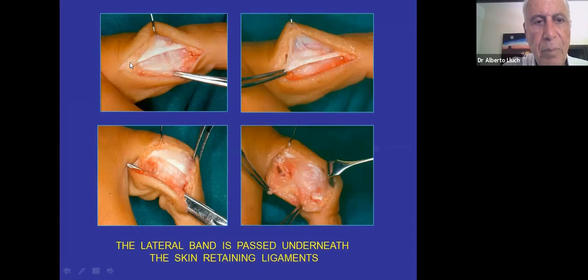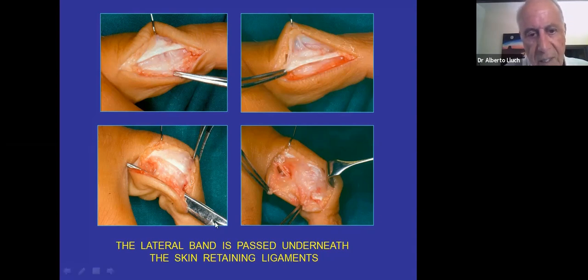This is an example. Midaxial incision of the finger, lateral band dorsal to the PIP joint. The lateral band is cut proximally. This is distally, which is left intact. Then it's released from the rest of the extensor tendon.